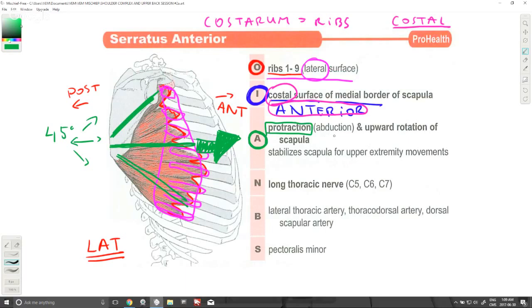As well, we can say abduction, right? Because once again, what is abduction? Abduction refers to something moving away from the center. And as we pull on the shoulder blade, obviously it is moving away from the center of the body, right? It is moving away from the spine. That's why we can say abduction.